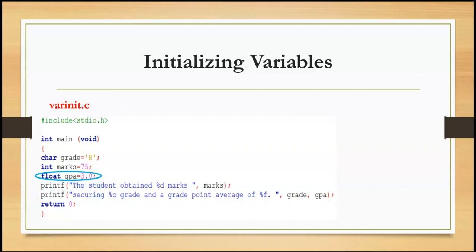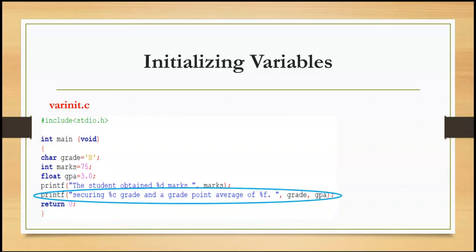The next variable is GPA, which is a floating type variable, and it is assigned the value 3.0. Next, we have two printf statements. The first printf statement is "The student obtained %d marks", marks. And the second printf statement is "securing %c grade and a grade point average of %f", grade, GPA.